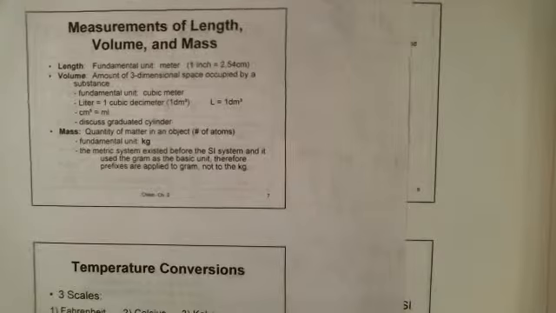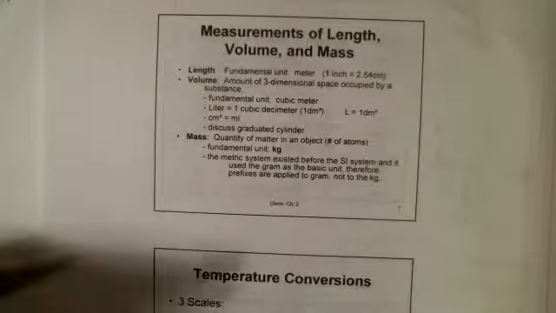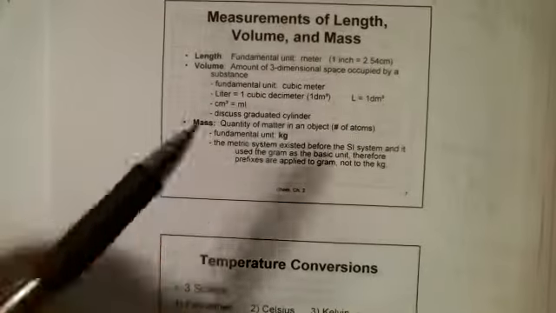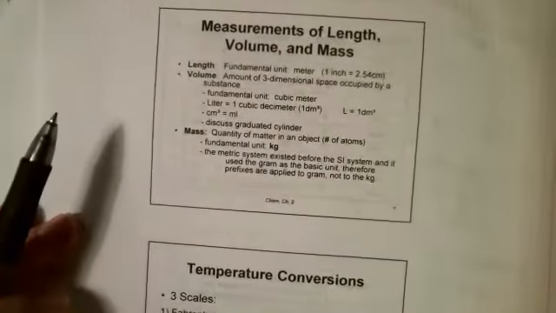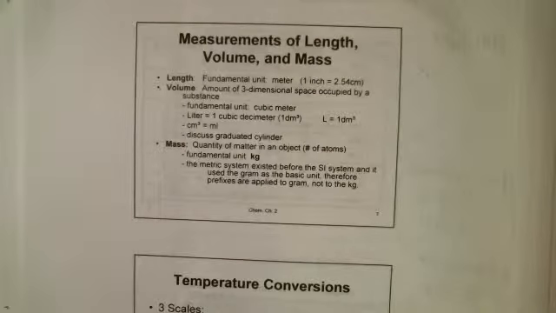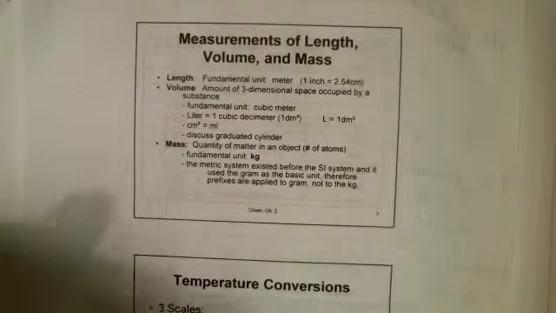If you look at the back of that, the fundamental unit for length is meter. The definition of a volume is the amount of three-dimensional space occupied by a substance. So how much space something takes up.